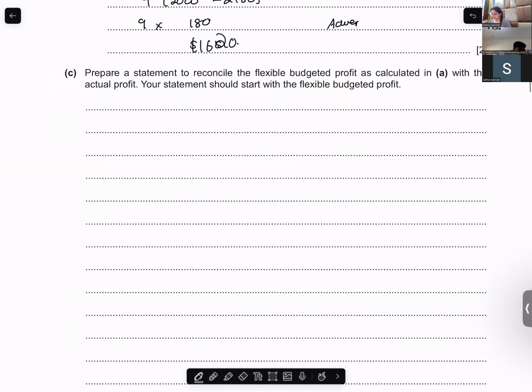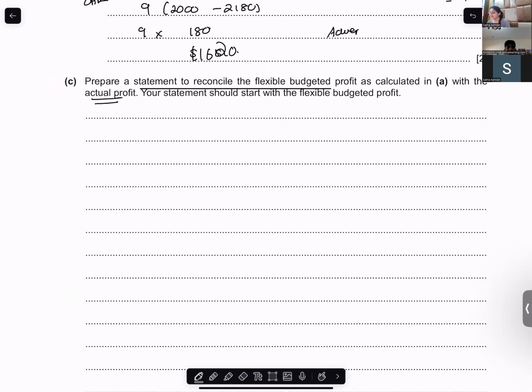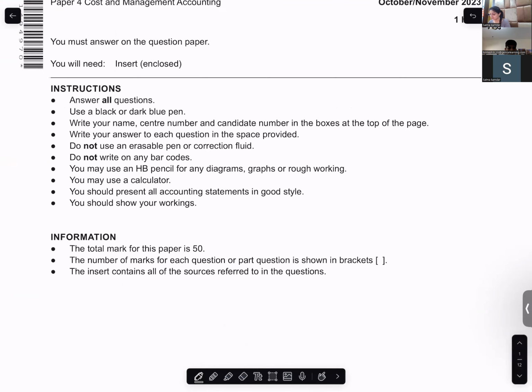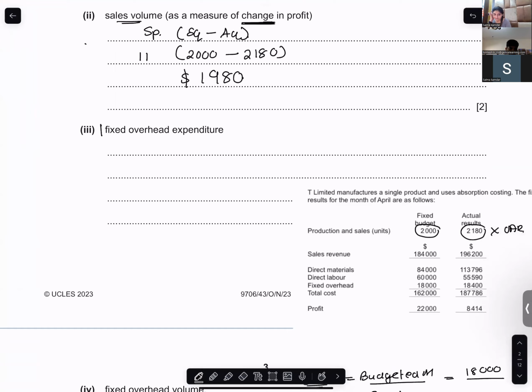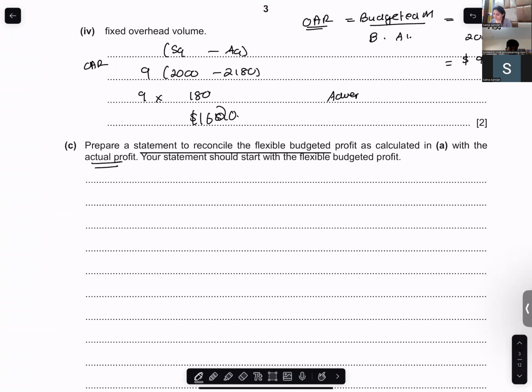Okay. Now, next one. Read. Prepare a statement to reconcile the flexible budget profit as calculated in A with the actual profit. Your statement should start with the flexible budget profit. What is the flexible budget? The first thing that we created.